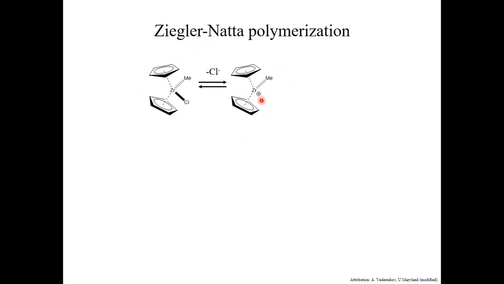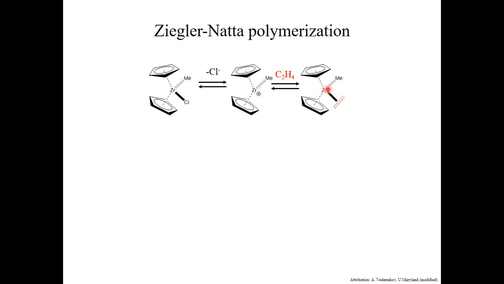And this cationic species here can then add alkene, and that alkene, in this case ethylene, can bind side-on to the zirconium.